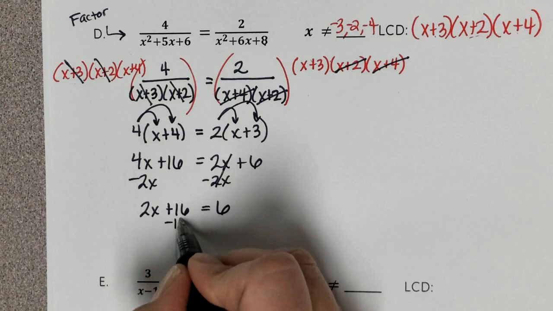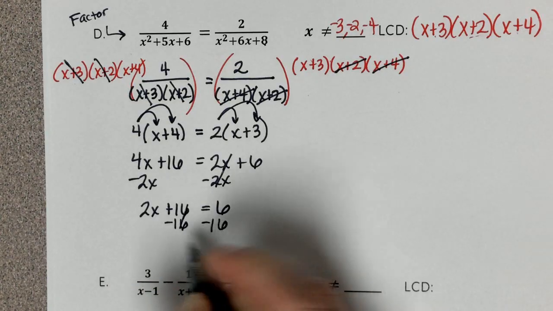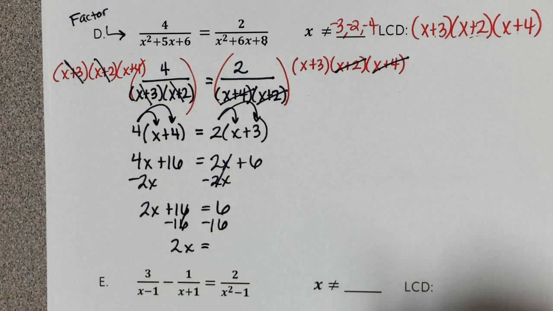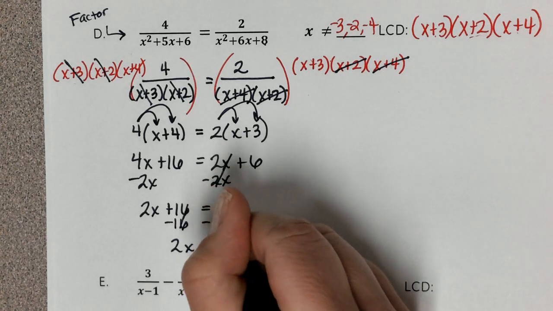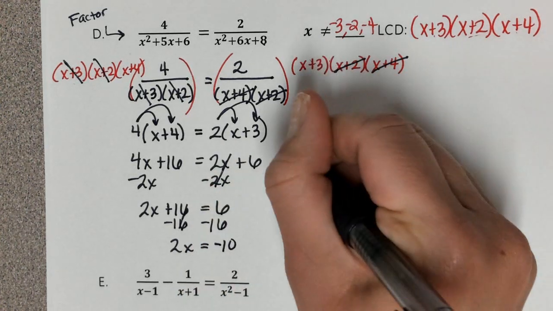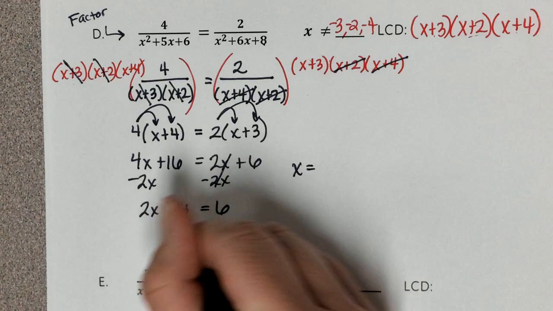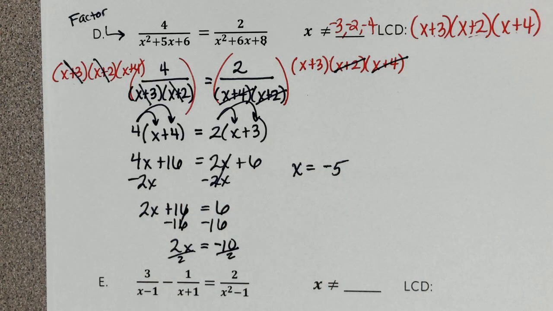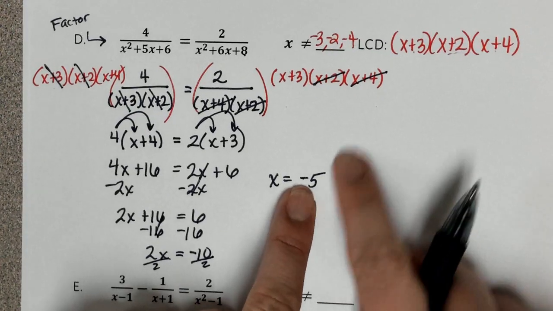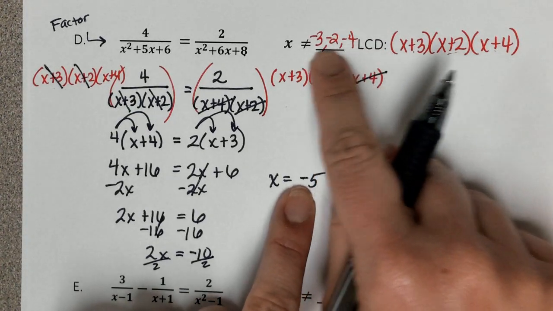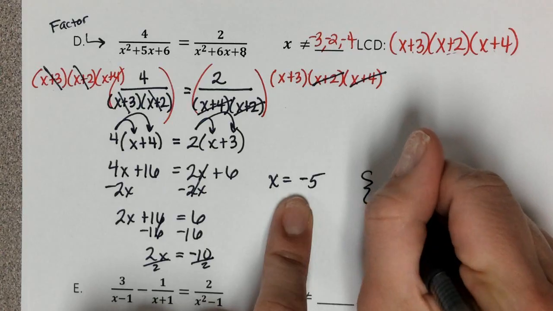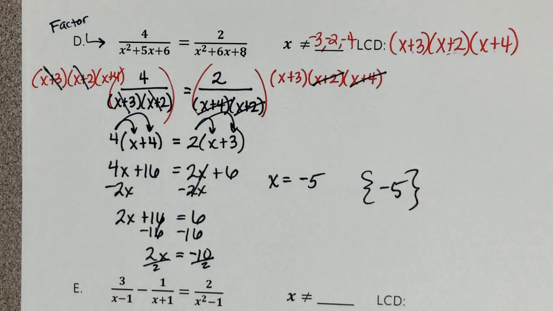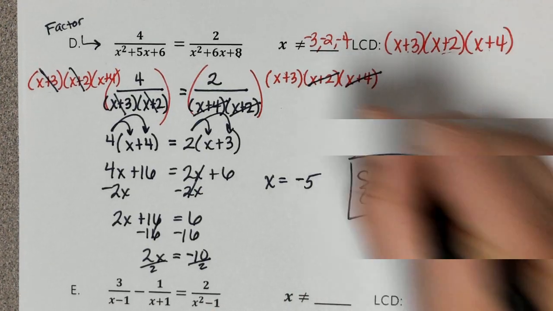And I'm going to subtract 16. 6 minus 16 is negative 10. So divide by 2. x is negative 5. Compare that to my restrictions, and it doesn't match. So we can keep negative 5 as our solution.